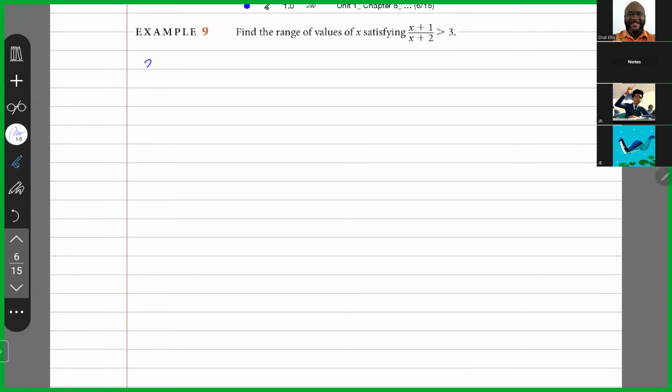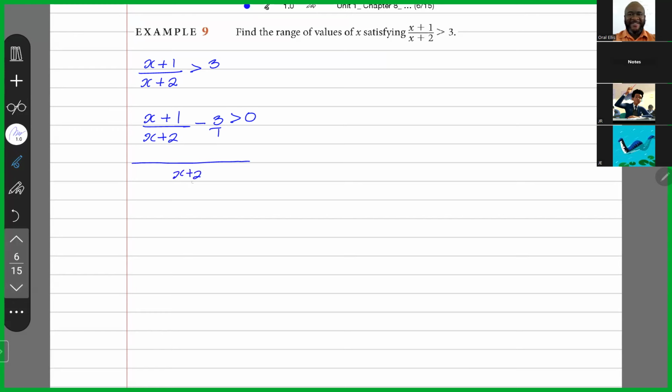So I'm going to have (x plus 1) over (x plus 2) is greater than 3. I'm going to have (x plus 1) over (x plus 2) minus 3 is greater than 0. The next thing I can do is make the left-hand side into one fraction, finding the LCM, which is x plus 2.